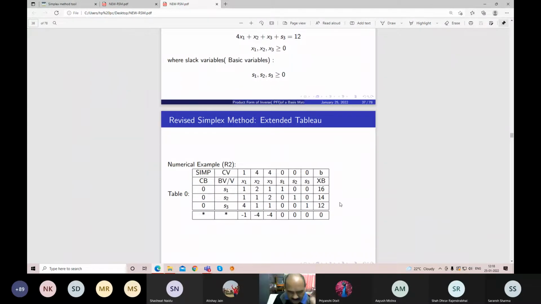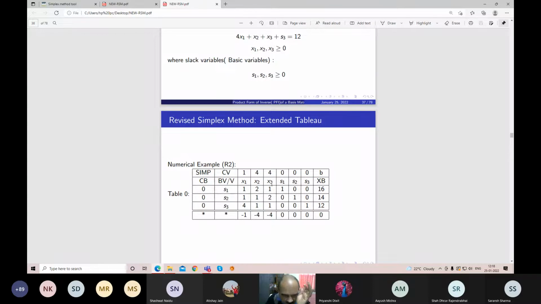Another thing I want to say: with respect to the first column, that is variable x1, this column we name P1. It has 3 elements, 1, 1, 4. With respect to variable x2, there is a column having 3 elements, 2, 1, 1.